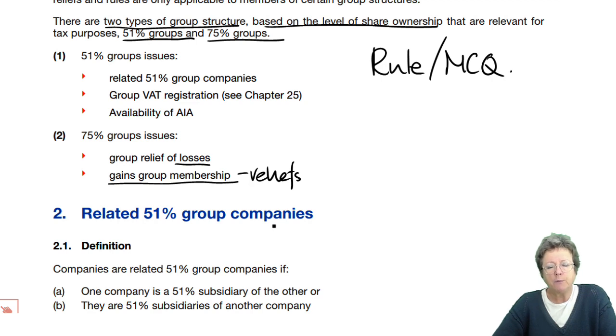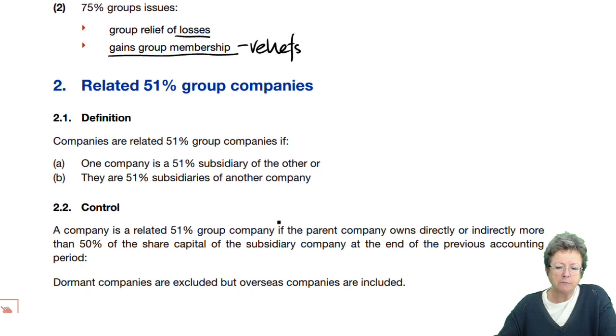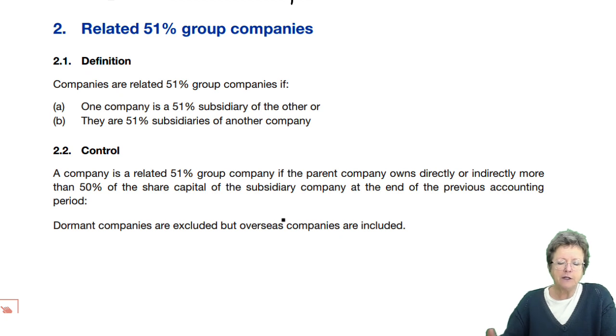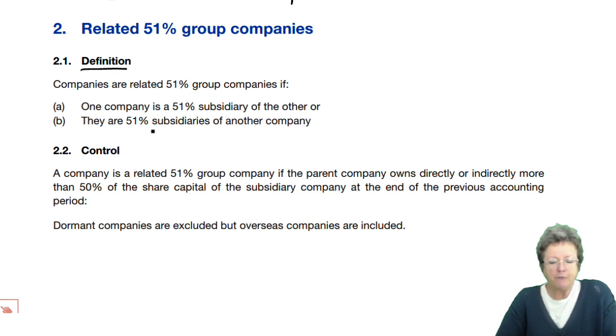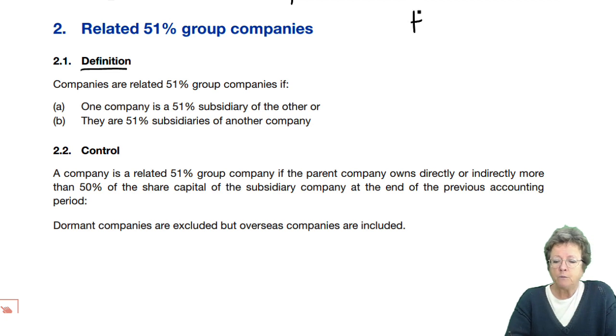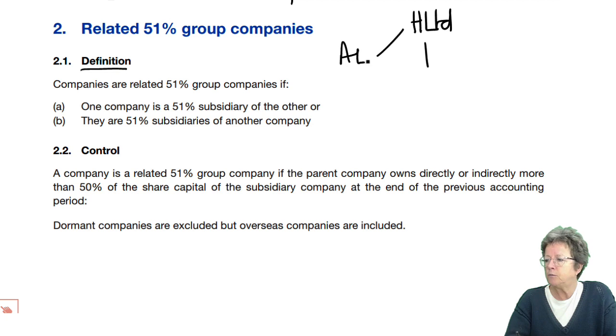So 51%, let's have a look at that one first. Definition. A 51% group exists if one company is the subsidiary of another, and they are 51% subsidiaries of another company. So for example, if I've got H Limited and we have A Limited and we have a 75% holding of that, B Limited, let's go for a 40% holding on that one.